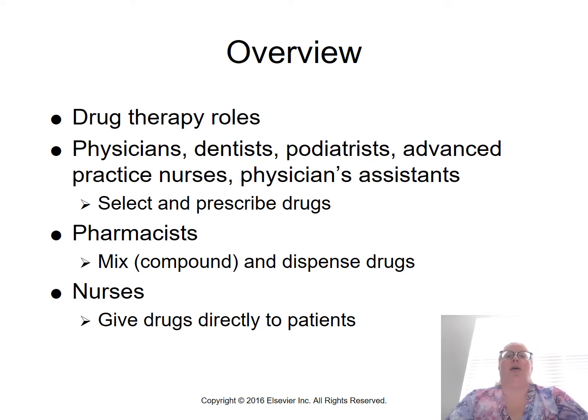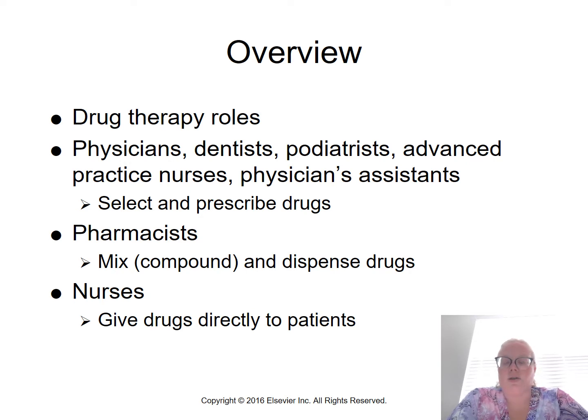So that's our role as nurses. We give the drugs directly to the patient. You have physicians, dentists, podiatrists, advanced practice nurses, and physician's assistants who select and prescribe drugs. And then you have pharmacists who mix and dispense medications.